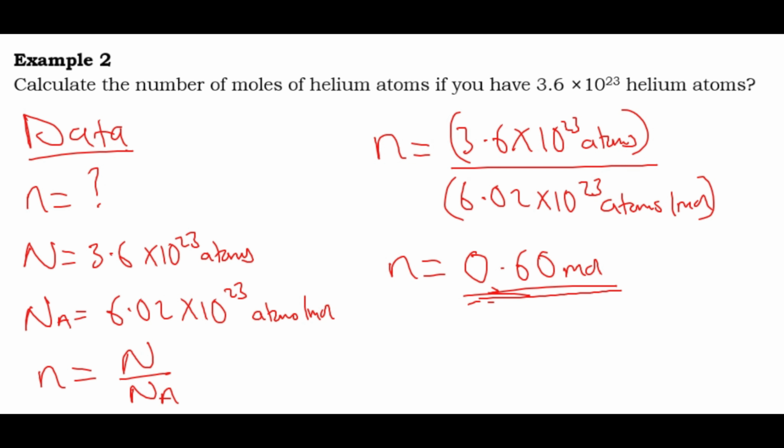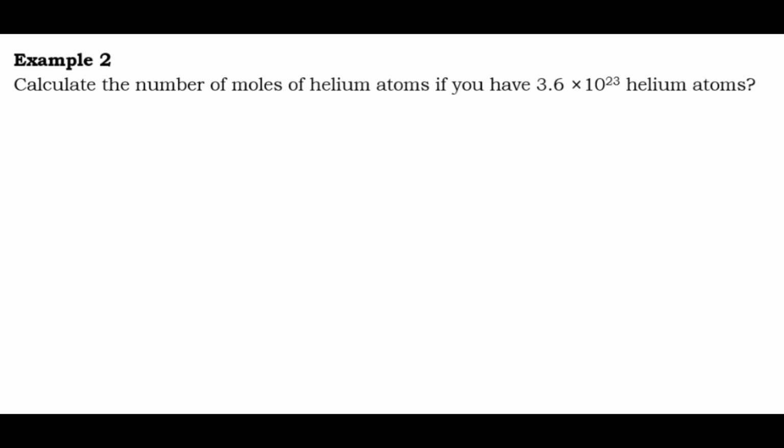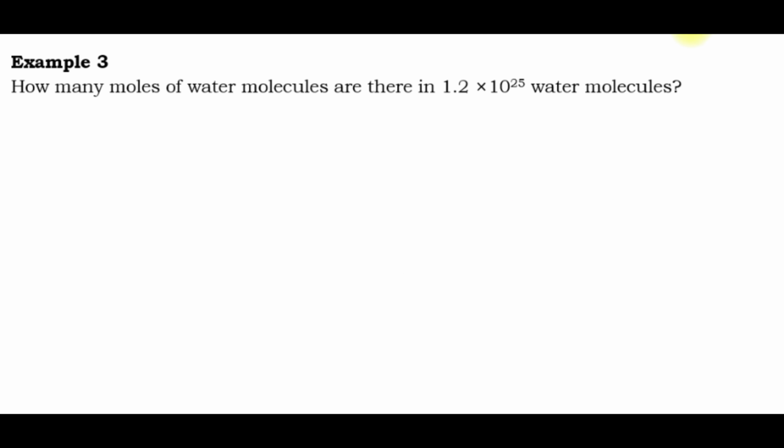Now let's look at the last example on solving questions that involve changing the number of particles into the number of moles. So let's look at example number 3. How many moles of water molecules are there in 1.2 by 10 to the power 25 water molecules? Try solving this question on your own and get back to the video.